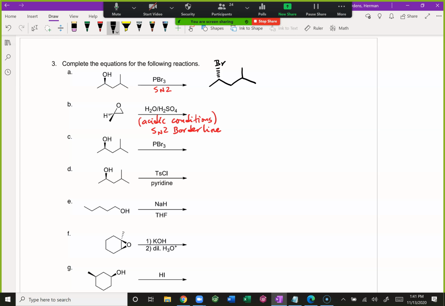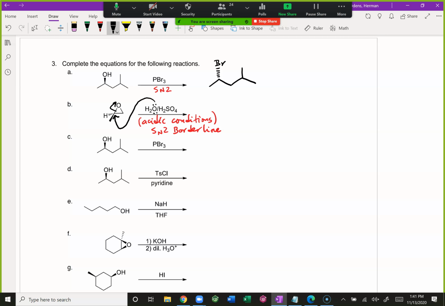And so what is the nucleophile? The water. Water is gonna come, it's neutral, so it's not as strong. It's gonna kick there and open up the epoxide there.